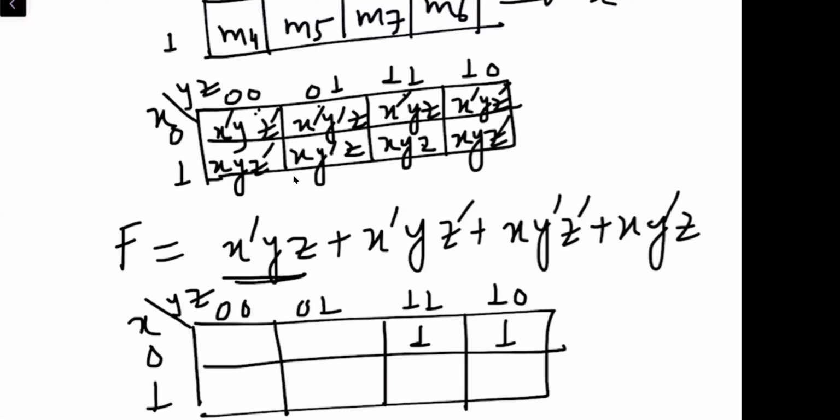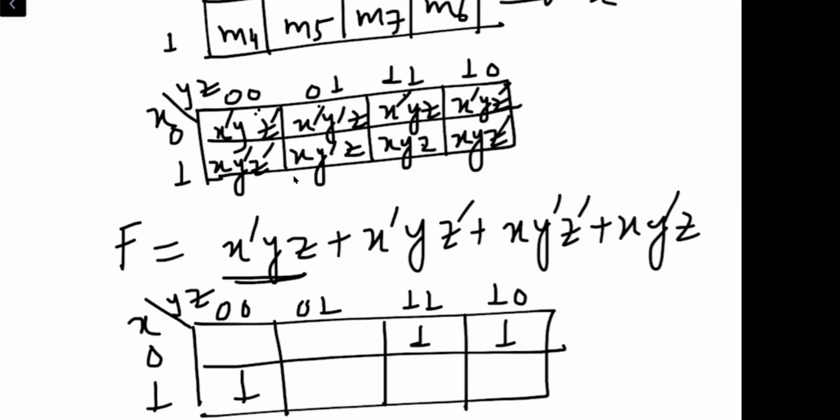Then we have x, y complement and z complement. This is representing m of 4, right?